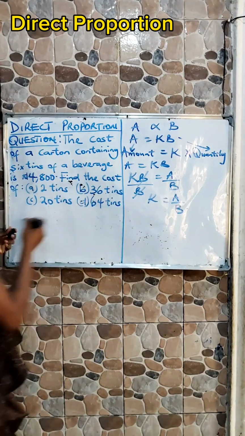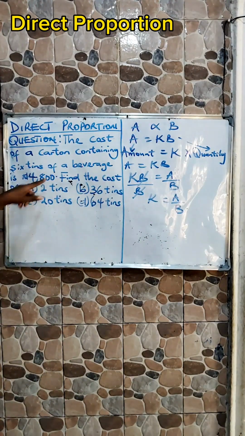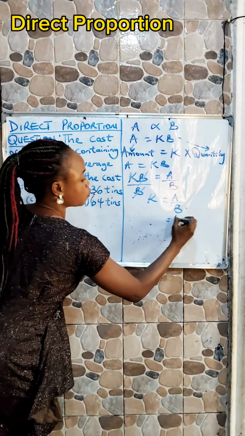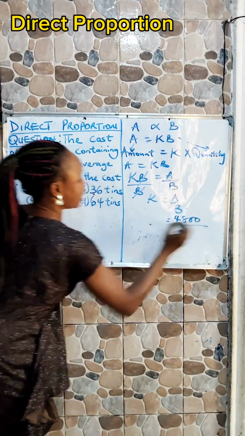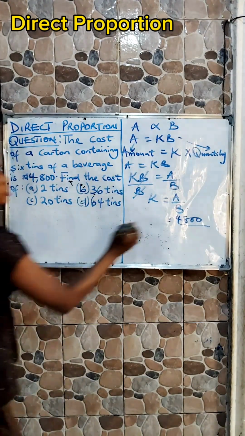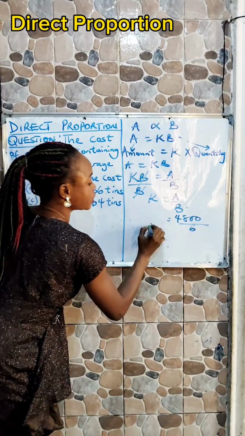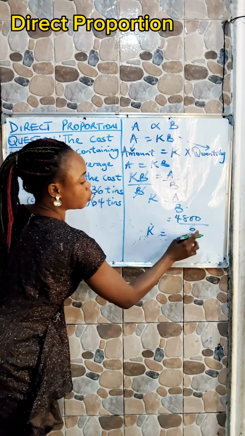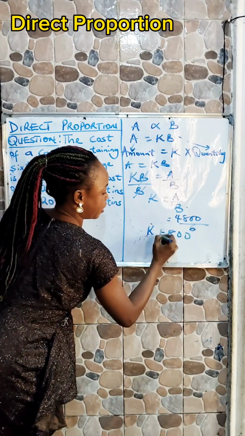Now, what is our amount from this question? The amount is 4,800, which is equal to 4,800 divided by the quantity. What is the quantity? 6. Now, our constant of proportionality will be equal to what? 800 naira.